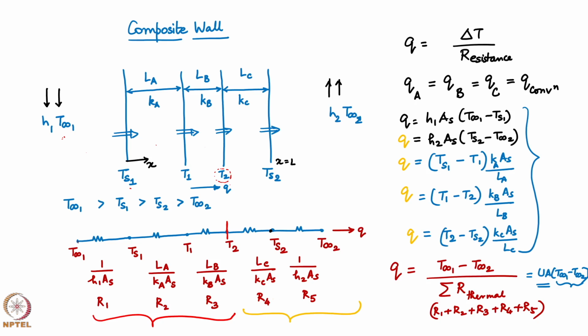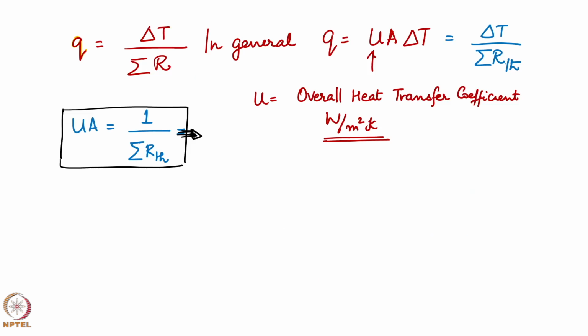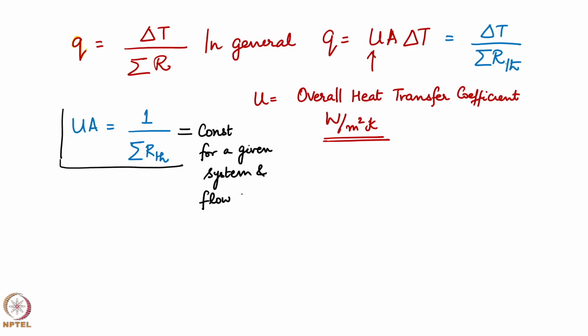If they are fixed, they are constant, that means this R thermal summation is a constant. If that is a constant, the reciprocal of that is a constant, which means U times A is also a constant for a given system and flow conditions. Am I right?